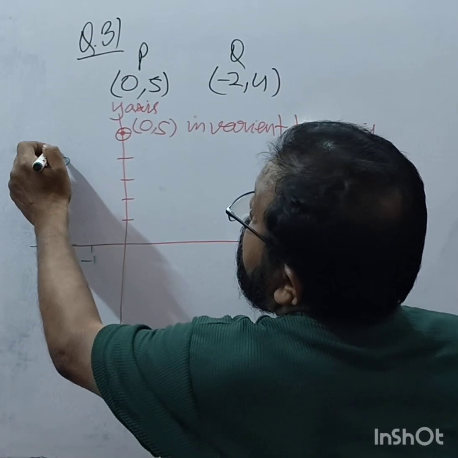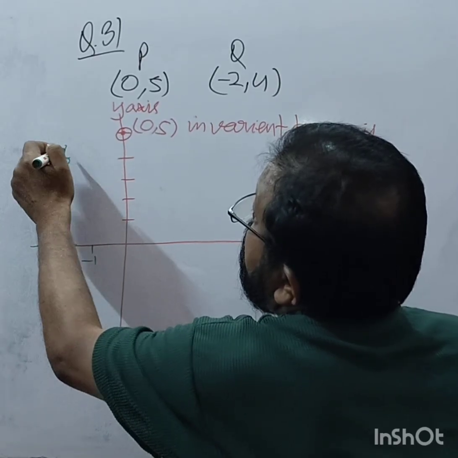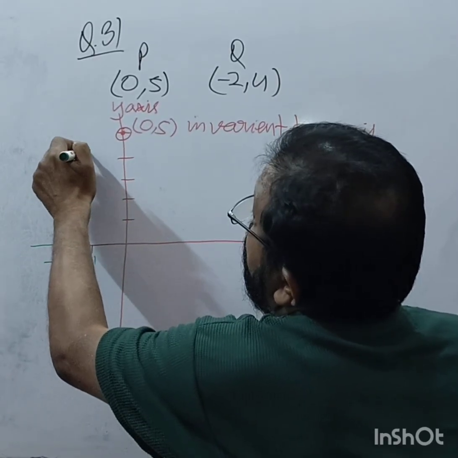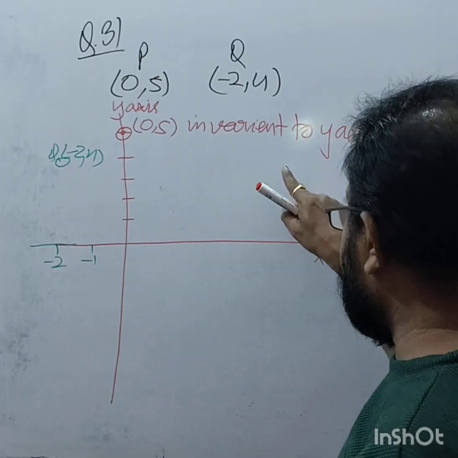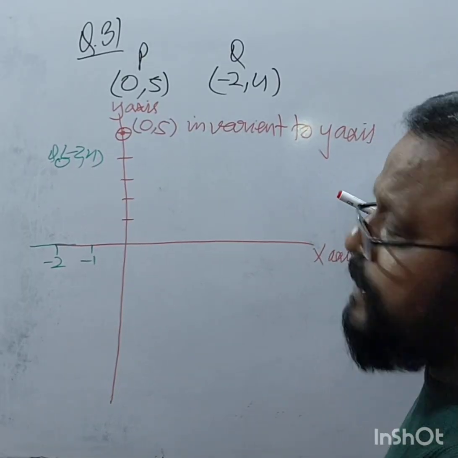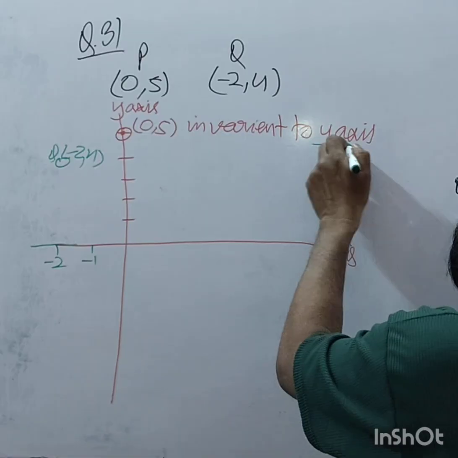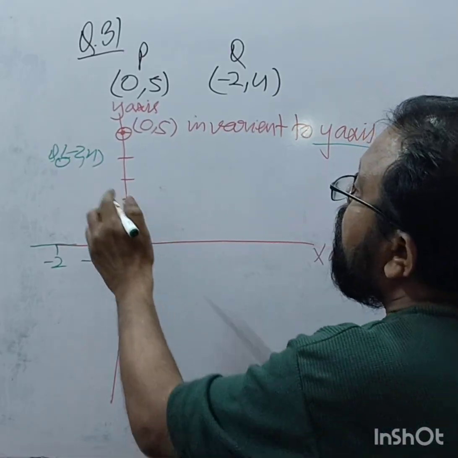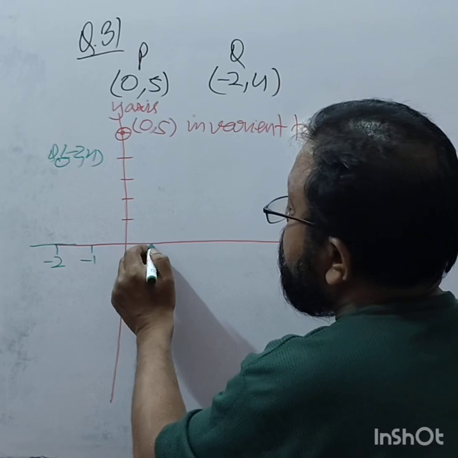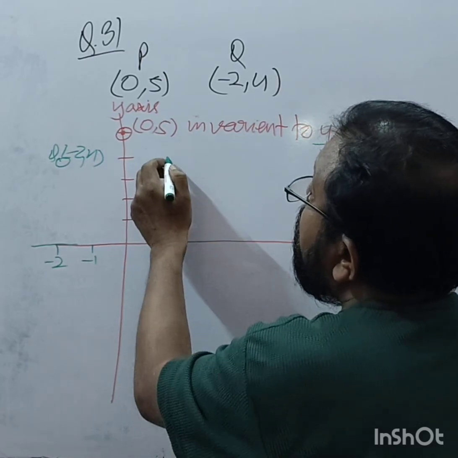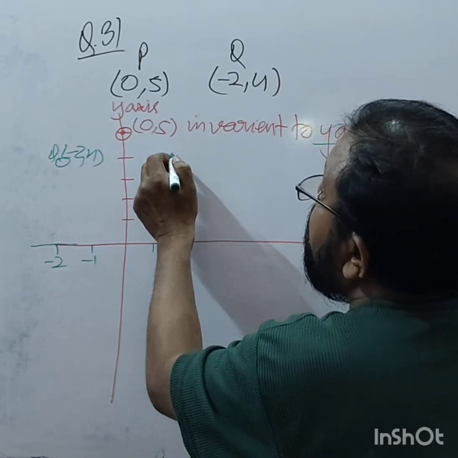So this is Q, minus 2, 4, and its reflection in the y-axis, because we have invariant in the y-axis. In the y-axis, y remains the same, so its position will be here.